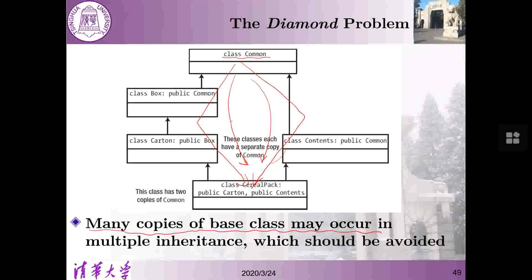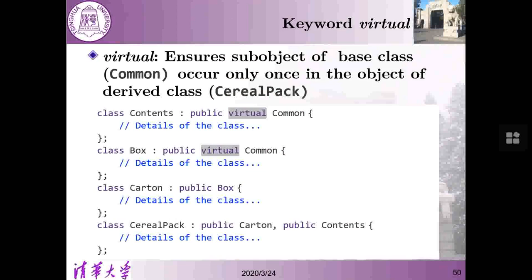And then if we want to solve this problem, we can use the keyword virtual. If we use the keyword virtual, this ensures that only a single object of the base class will be inherited into the derived class. So we put a virtual here and also a virtual here.